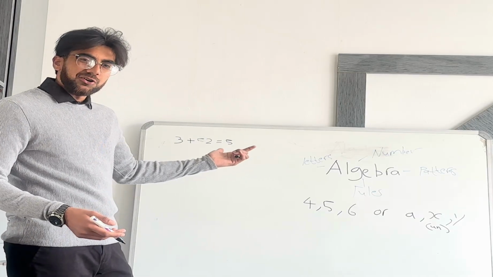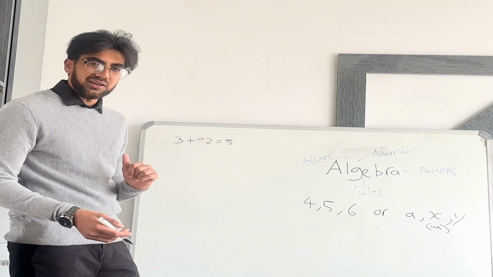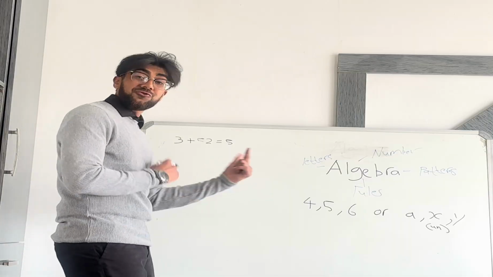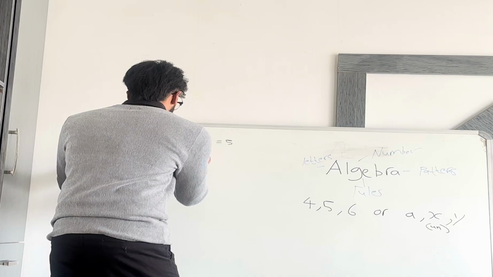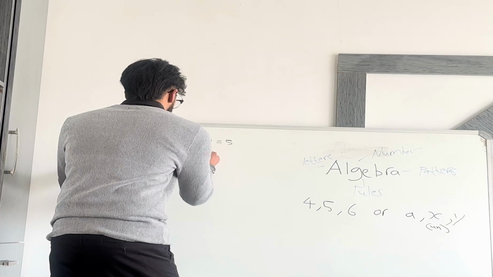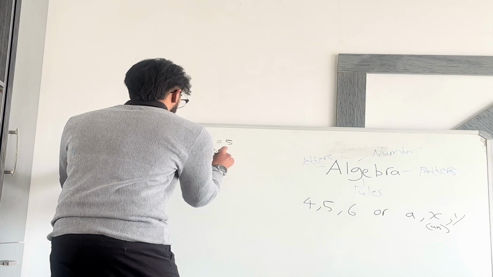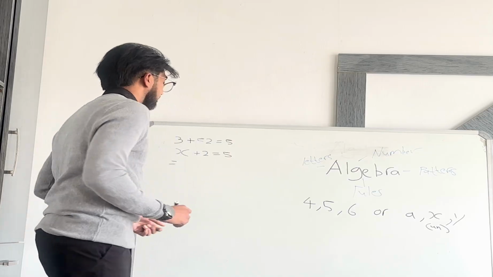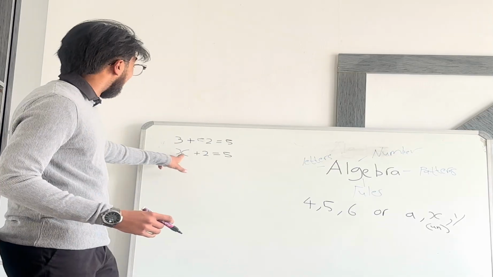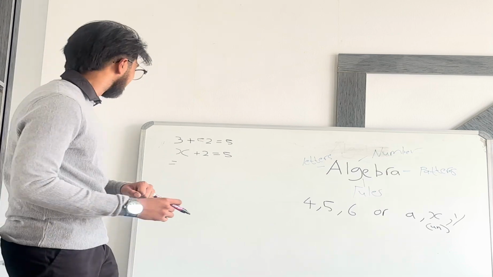That's pretty basic, no? We can all understand that, right? What happens if we flip the script now? What if I put x plus 2 equals 5? And if I tell you to solve for x, what is x?